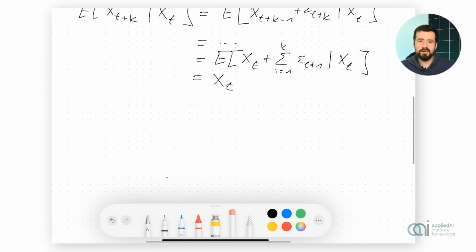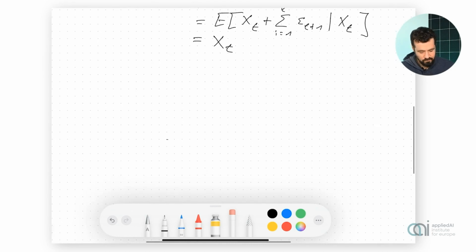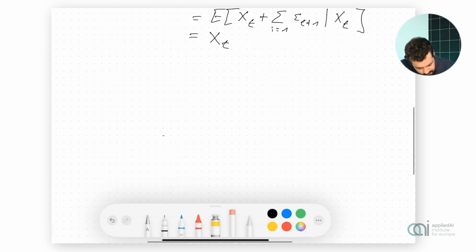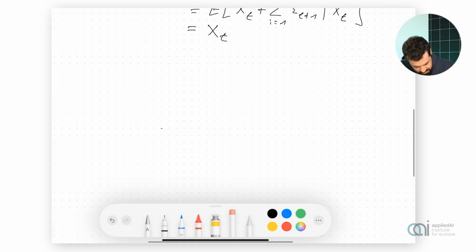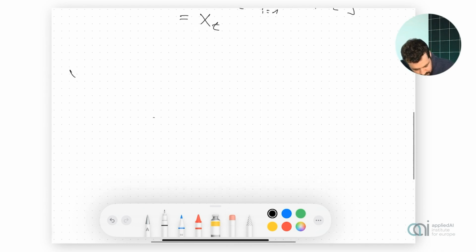So okay, now let's try to understand why this is not the case for y_{t+k}. If we have a look at y_{t+k}, then again we can do the same substitutions and we will see that the effect of the y_t will wear off.